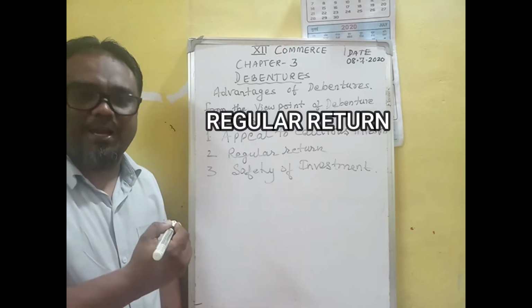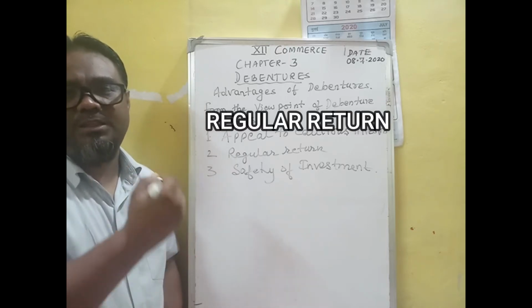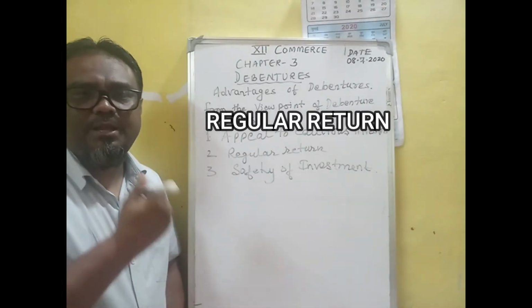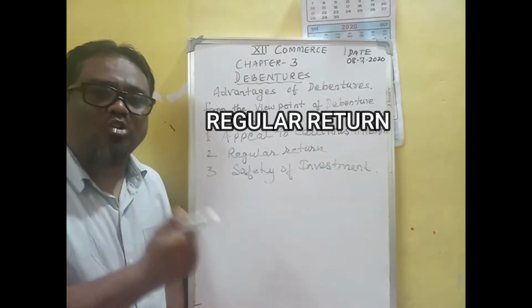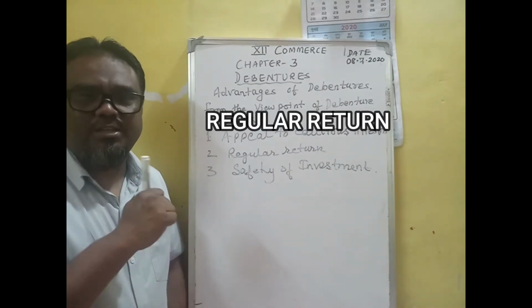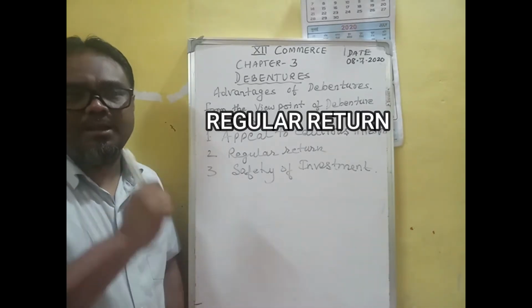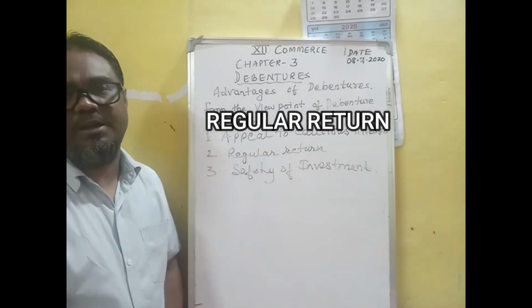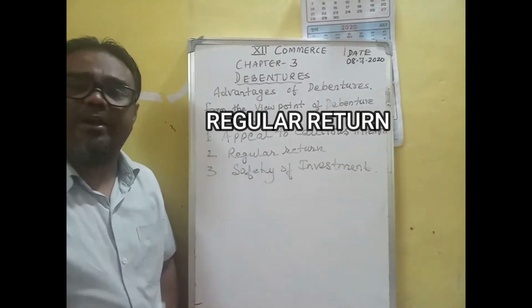So what do they expect from the company? The company will pay a fixed rate of interest, irrespective of profit or loss of the company. Whether there is a profit or loss, the company has to pay a fixed rate of interest to the debenture holders. So that's why it is a regular return.